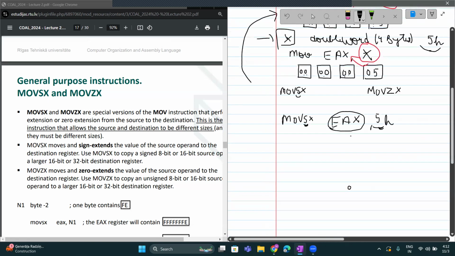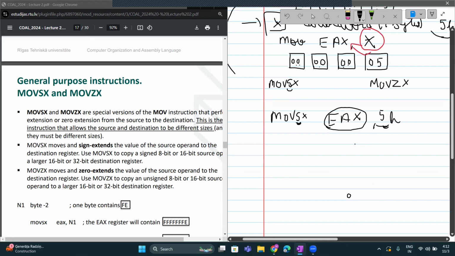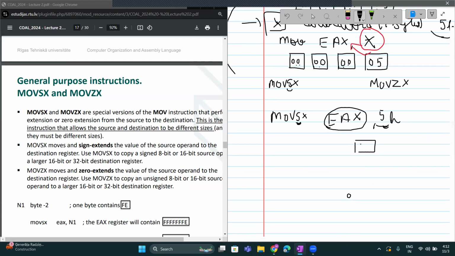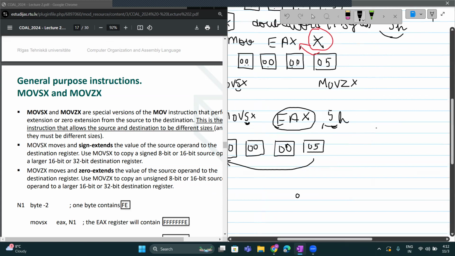So sign extends means, for example, if we have 5 and the sign is positive, which is usually noted by zeros, its sign extends to the full register.